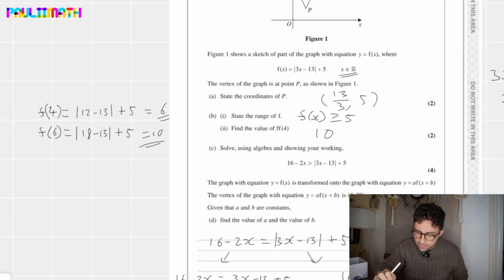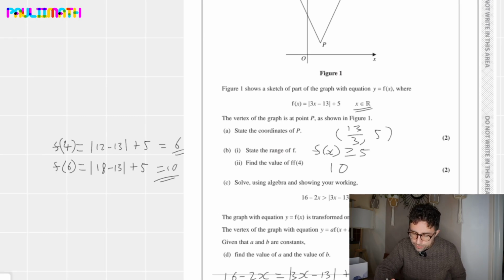Now let's go and check the graph. 3x is the steepness of that modulus one, whereas 2x is that one on the left. So that will be less steep. It's got a negative gradient. It's not as steep as the other one. The modulus when x is 0 cuts at 18. If you put x as 0, you can check that.